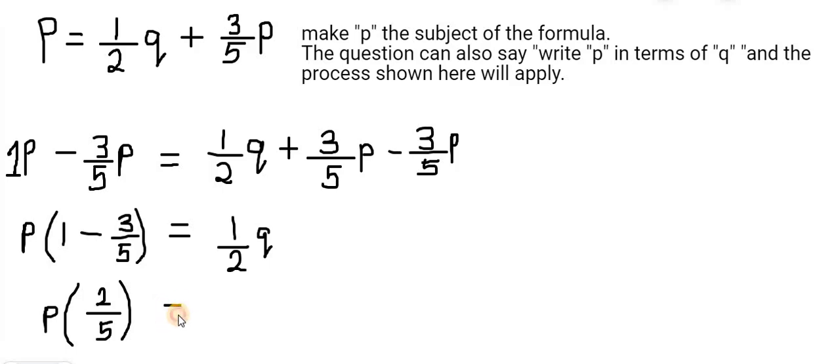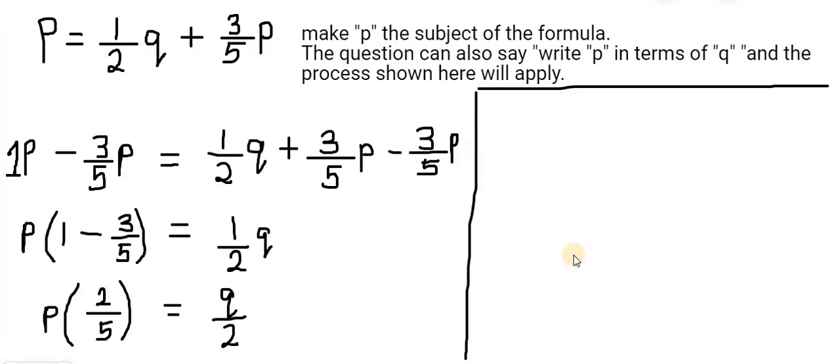And that's equal to, now I'm going to write half q in a different way. I'm going to write it as q over 2. The reason why is half q is the same as saying half times q, and if you do half times q, it's q over 2. Now, I want to get p as the subject of the formula, so I'm going to get 2 over 5 away from it.